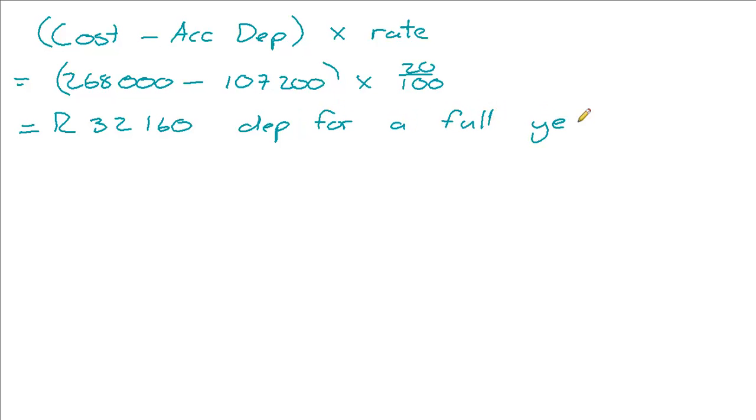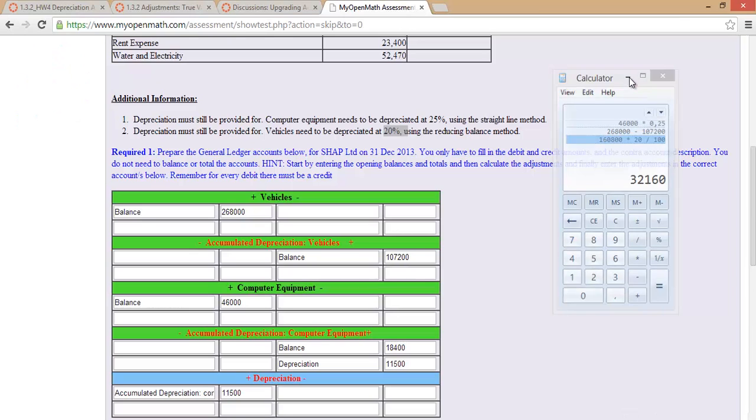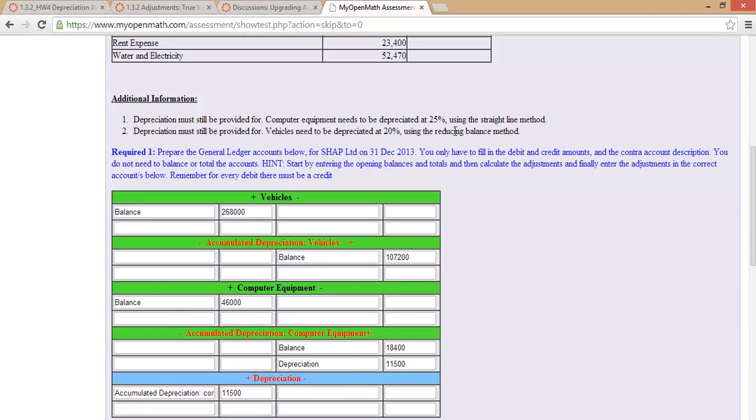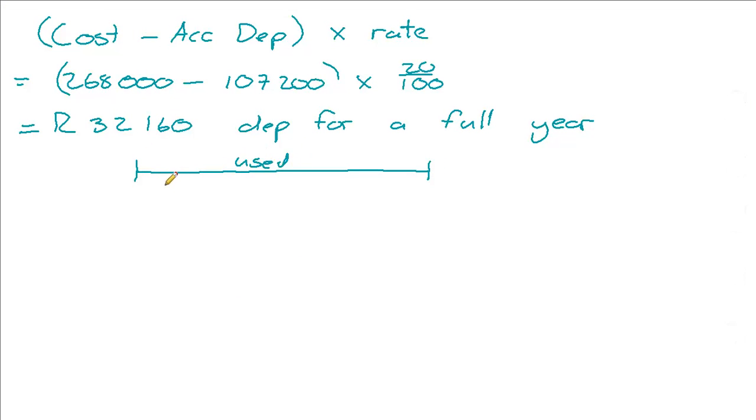Did we have this asset for the full year? Let's just have a look. Well, we're not given any information that tells us differently, so we can assume that we had this asset for the full year. So we've again used the asset for the full 12 months, and thus we do not need to apportion this 32,160.